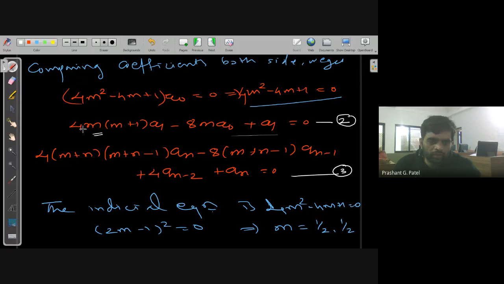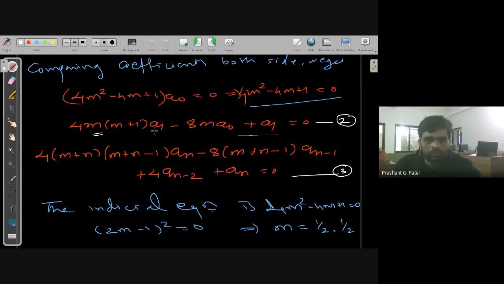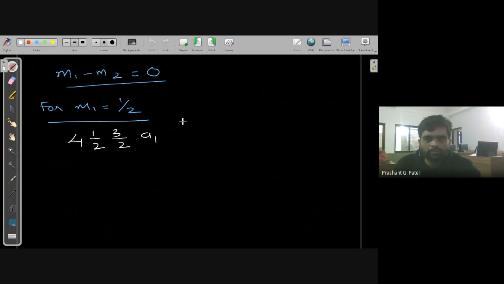So we get 4 into 1 by 2, 1 by 2 plus 1, that is 3 by 2. So let us write down: 4 into 1 by 2 into 3 by 2 into a1 minus 8m, that is 1 by 2. So it is minus 8 into 1 by 2 a0 plus a1 equal to 0.